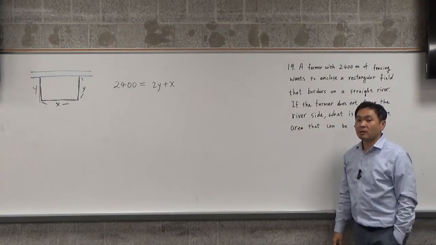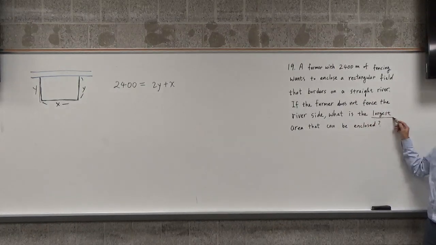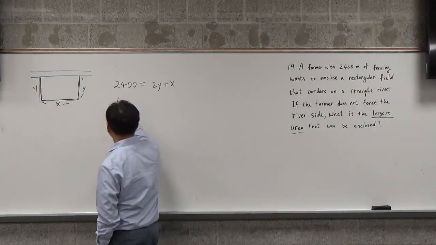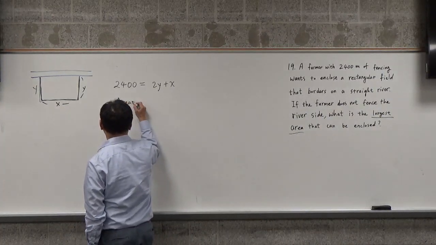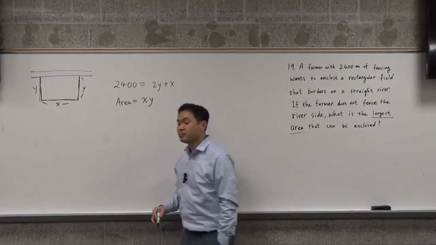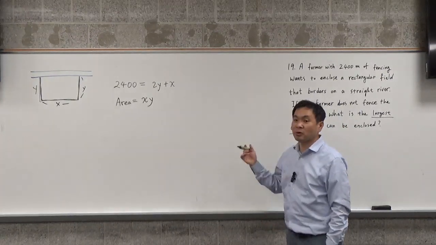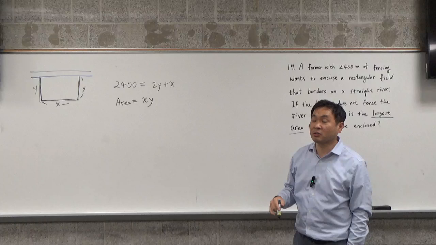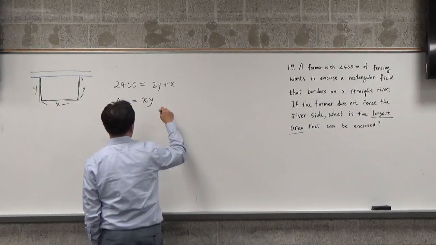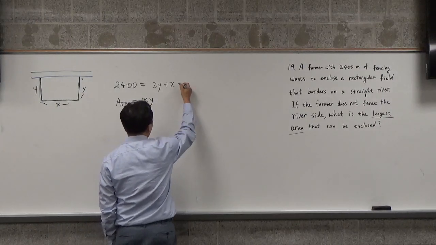Okay? And what are you trying to maximize? You want the largest area. And you already told me the area formula. What's the area? X times y. Okay. Now, if you have more than one variable, you should solve for one of the variables and plug it into the next one. Although in many cases it's easier to solve for x, I think for this case we'll solve for y.